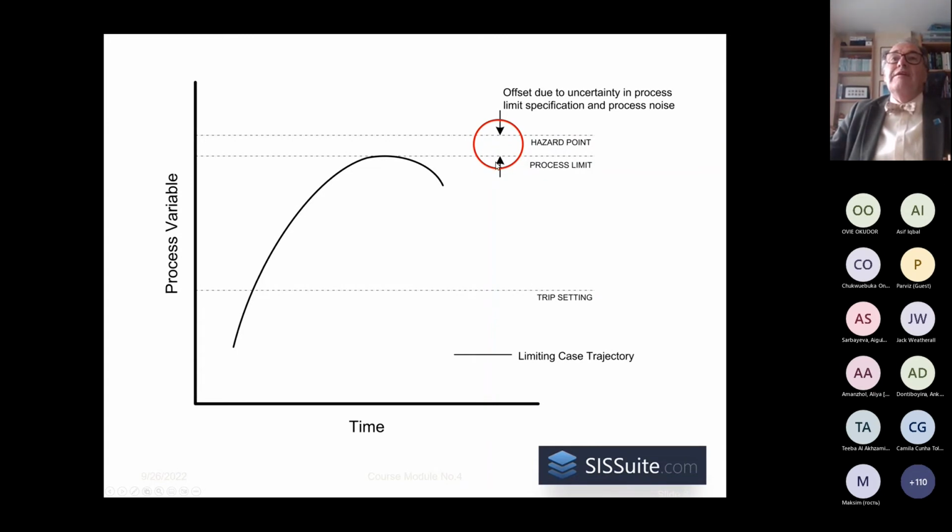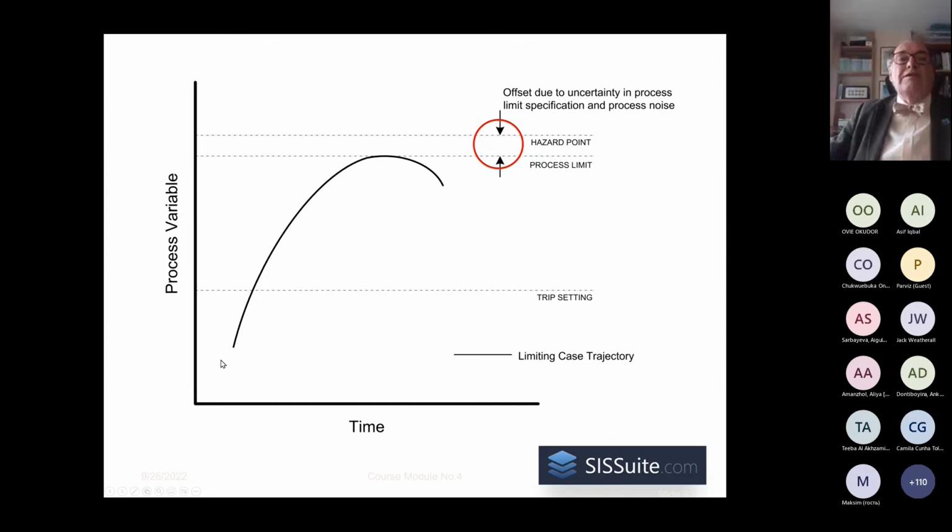So to be absolutely sure that we will not breach the hazard point, we need to be confident that the process will stop rising towards that point at this process limit, which is distant from the actual defined hazard point by whatever tolerance we ascribe to the actual specification of that point, and indeed the process noise, because there may well be fluctuations in the process variable, whatever it is that we're concerned with, temperature, flow, pressure, etc.